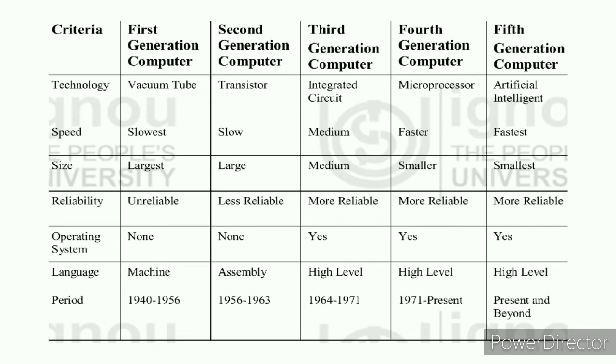It is a table which is given in your book of BCS-011, Unit 1. I think it's not of that much use, but you can use it for this part where you have seen the technology. The first generation is vacuum tubes, second generation is transistors, third generation is integrated circuits, fourth generation is microprocessor, and fifth generation is artificial intelligence.